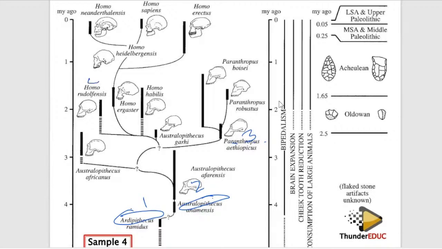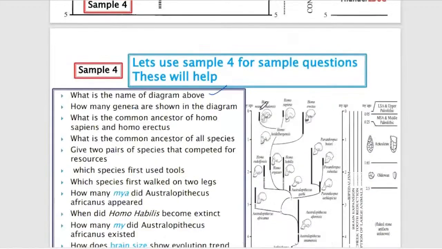Do you have Homo? Four. Do you have another one? I think there are four, unless there is something I've not seen. You look at the first name and you don't repeat it. So we are done with the genera.